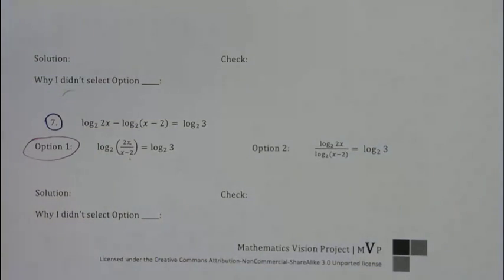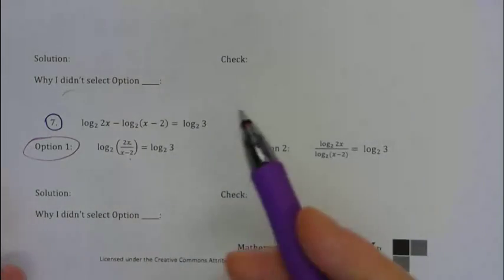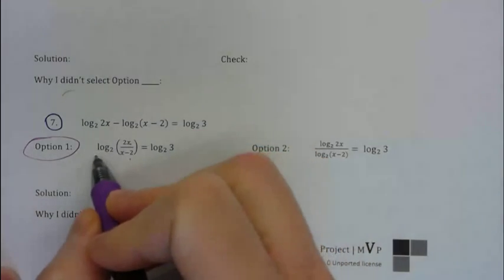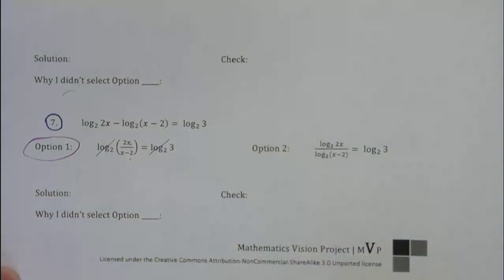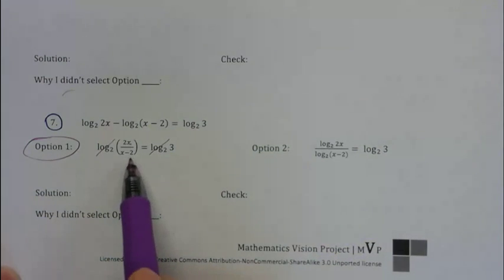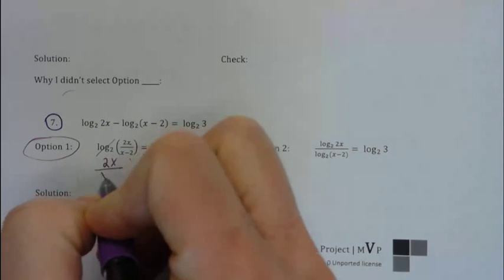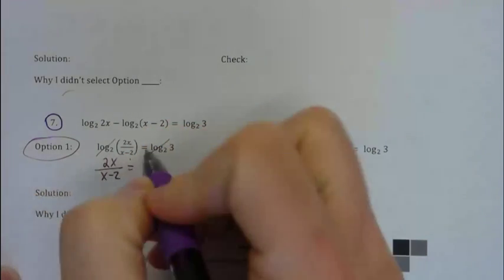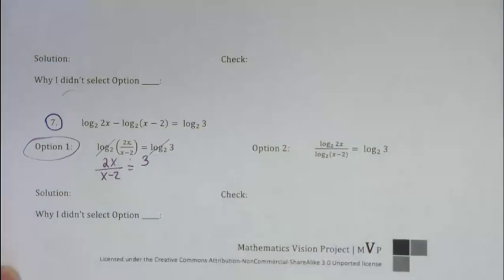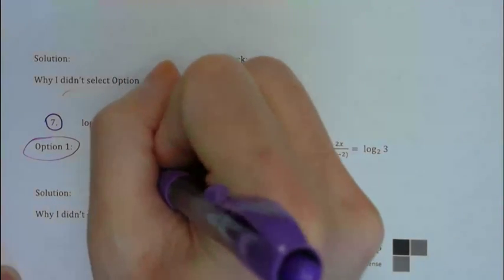So now we're going to use what we learned about in step 4, and we're going to basically say we can get rid of the two log base 2 parts, and then we have 2x over x minus 2 would be equal to 3. So I'm going to make that into a proportion.